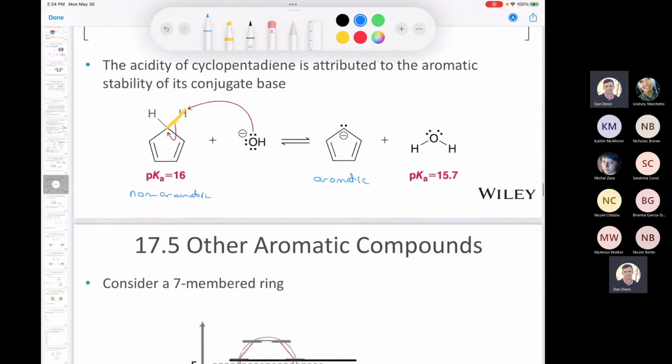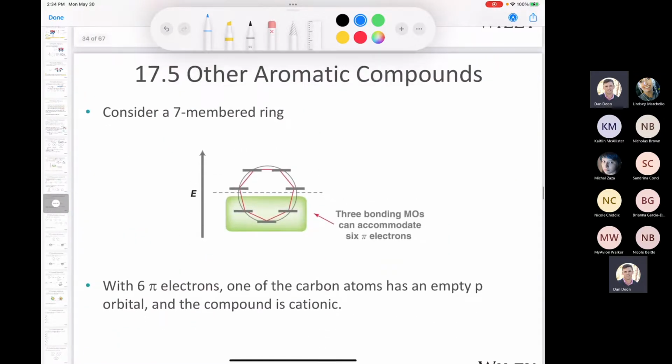Now, what about a 7-membered ring? Same thing applies. If we had a 7-membered ring and we had a closed shell electron configuration, meaning we had 6 electrons in the bonding molecular orbitals, well, what if one of the carbons had an empty p orbital? What do I mean? Look, what if you had this? You had a 7-membered ring, and then you alternated double, single, double, single, double, single like this.